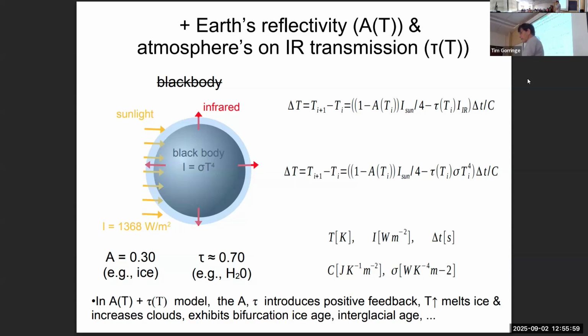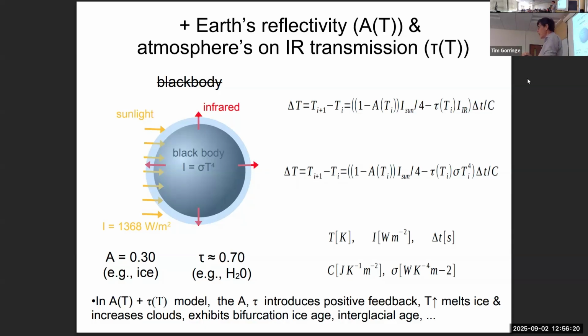And as an example of that, if the Earth's temperature was to go up, how does the reflectivity change? Well, if the Earth's temperature goes up, we melt some ice, we reflect less light.